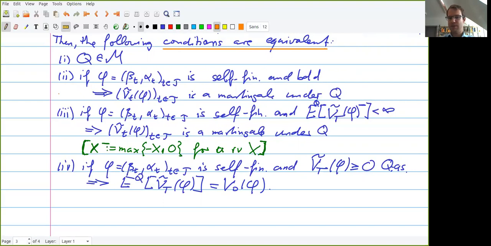So basically, if all discounted value processes are martingales under this measure Q, this means the measure has to be a martingale measure. All right. So this is the main work for today, to prove this proposition.